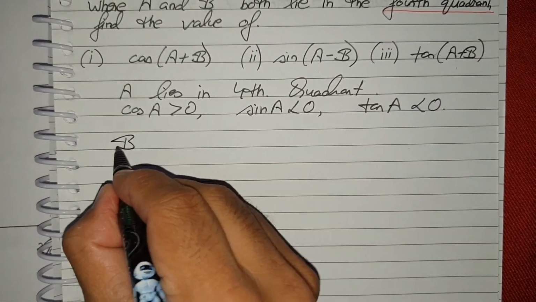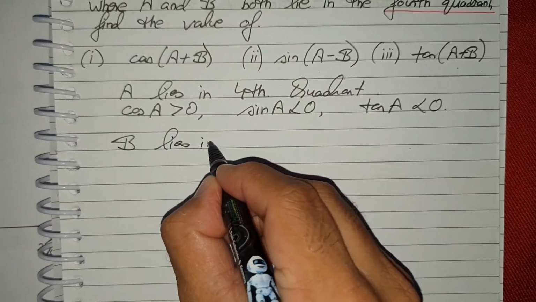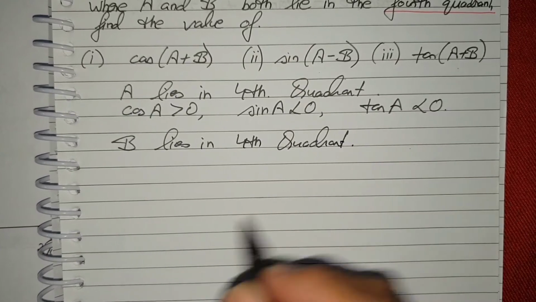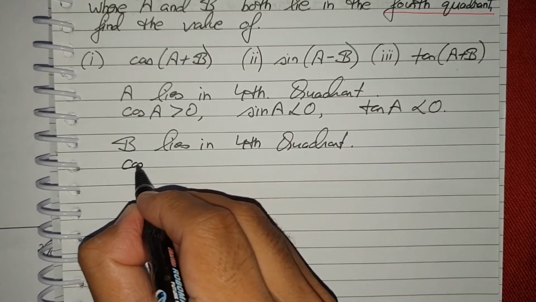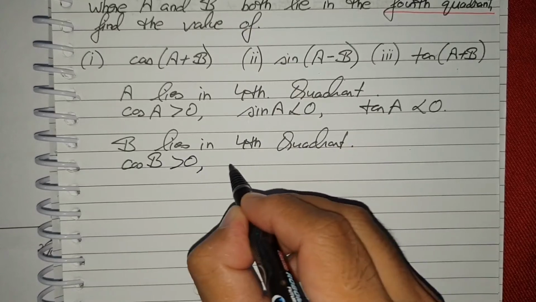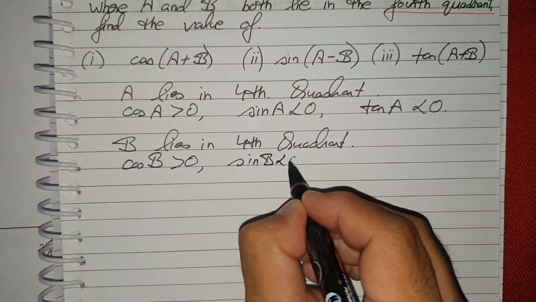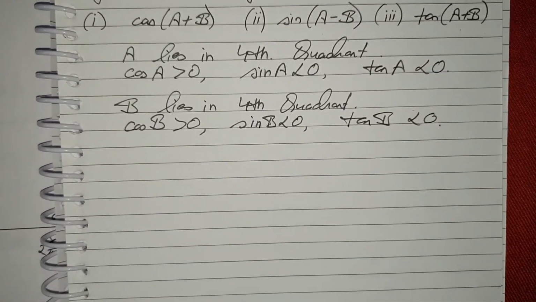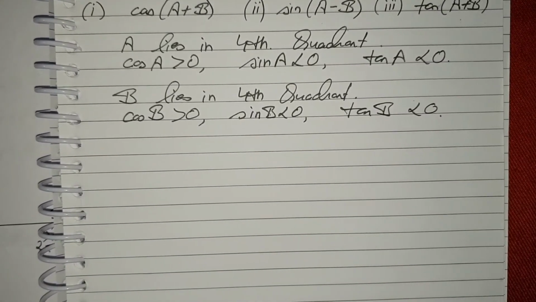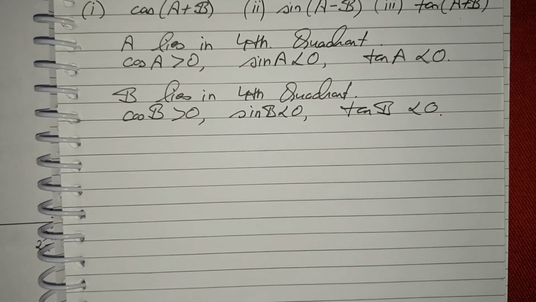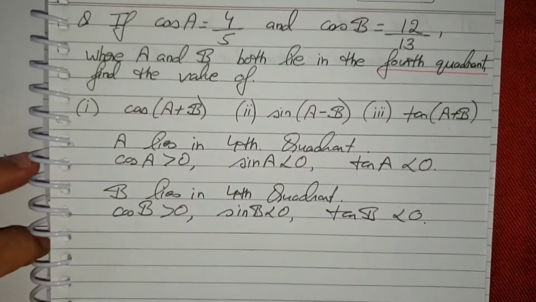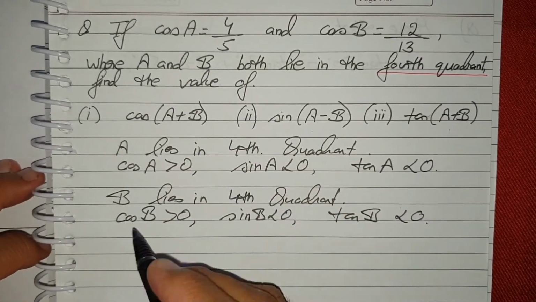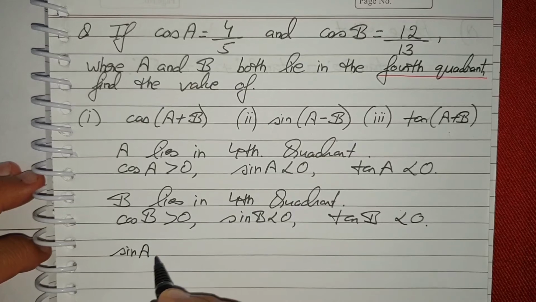B lies in the fourth quadrant. Cos B is positive, sin B negative, tan B negative. So these points you should consider. Now we have cos A. Cos A is 4 by 5. So we can find sin A. Sin A is how much?